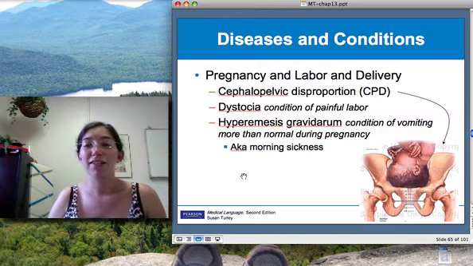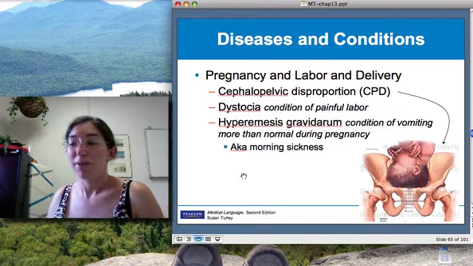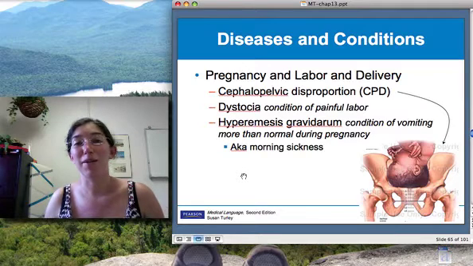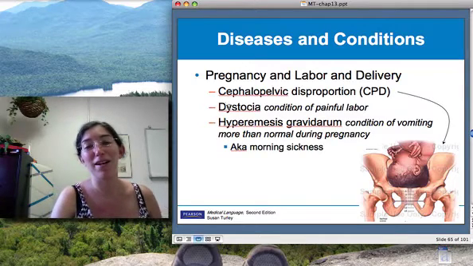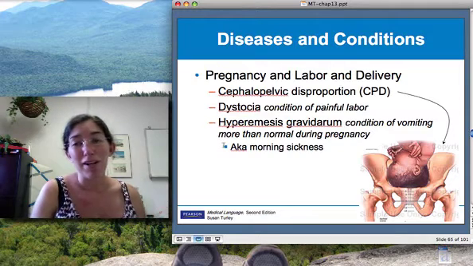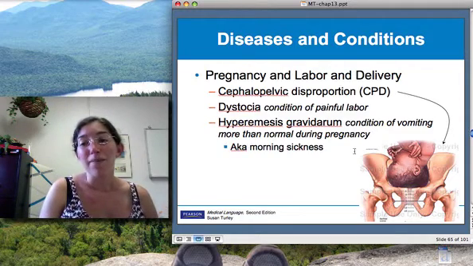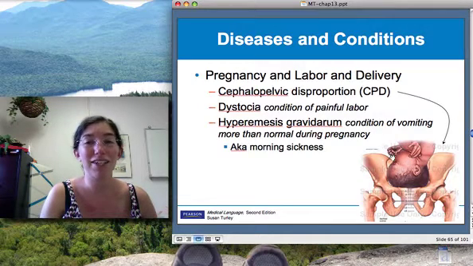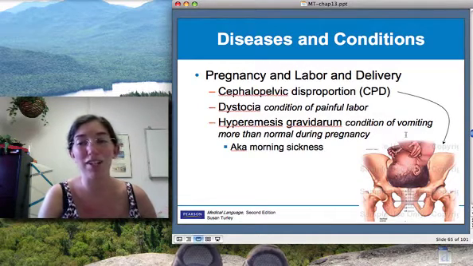Dystocia is a condition of painful labor, which kind of makes me laugh, because what labor isn't painful, right? But dystocia would be extremely painful labor, I think, indicating some other condition like cephalopelvic disproportion.